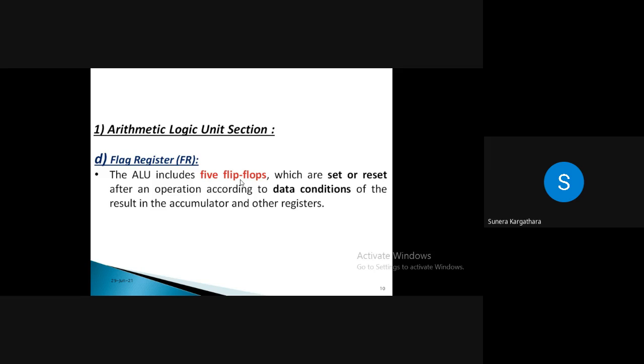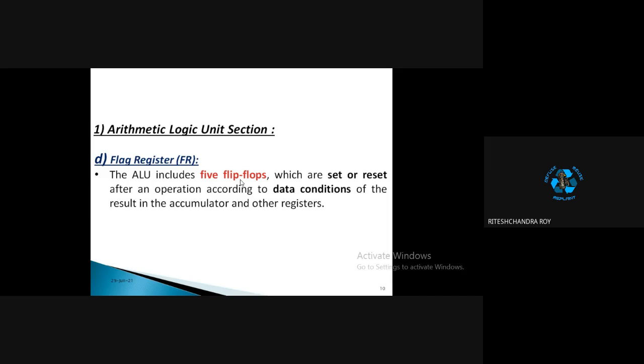Just read it twice and let me know what you understand from this statement. It is about FR, the flag register. In each and every line there is some information. What are you getting from those lines? Just discuss with me.